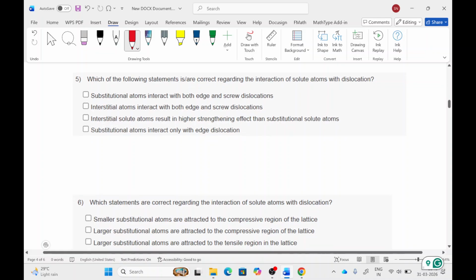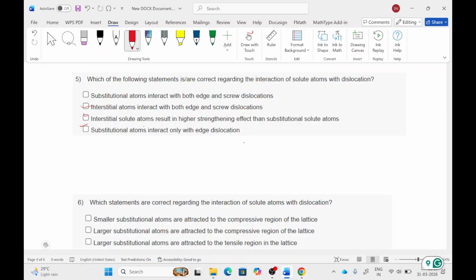Next question says, which of the following statements are correct regarding interaction of solute atoms with dislocation? Yeah, option three is also correct. Meaning the interstitial solute atoms contribute more strengthening.